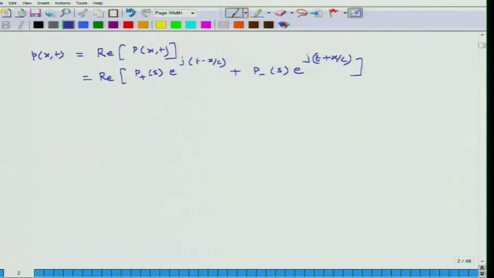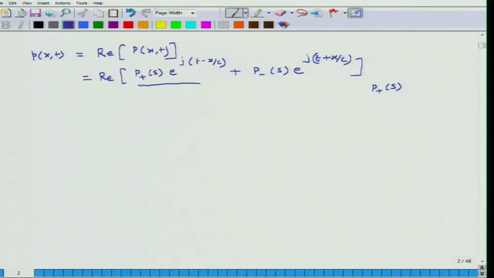Okay, a couple of other things. This p plus term depends on complex frequency. In an earlier class we had talked about the complex time function. So p plus is the complex amplitude of this whole term, and it does not vary with time or x, but it can potentially vary with s, which is the complex frequency.